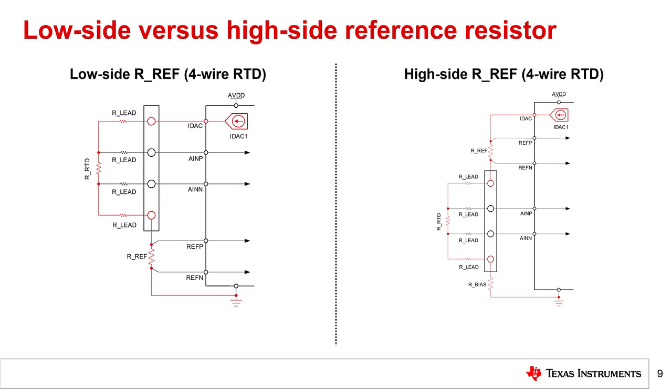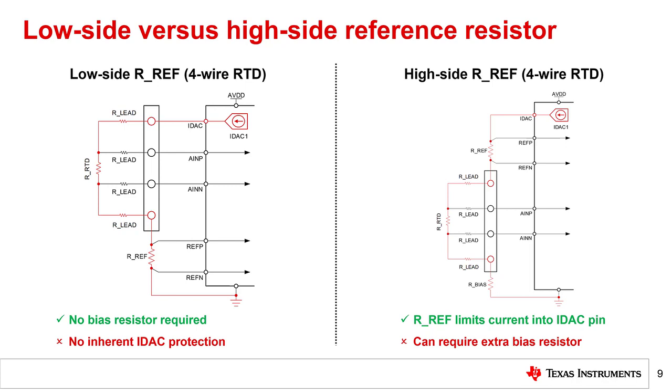In this case, RREF is between the IDAC output and the RTD. An optional bias resistor, RBias, is shown between the bottom of the RTD and ground. This resistor can be required when RTD output voltage is applied to a PGA with common mode input voltage limitations. RBias level shifts the RTD output voltage into the linear operating range of the PGA.